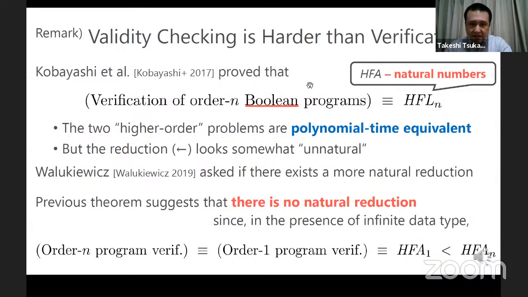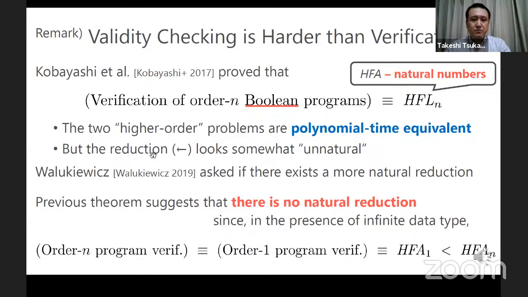And I think that this observation is very interesting because it seemingly contradicts the observation given by Kobayashi. Kobayashi has shown that in some sense, the verification problem and the validity problem of higher order logic are equivalent.